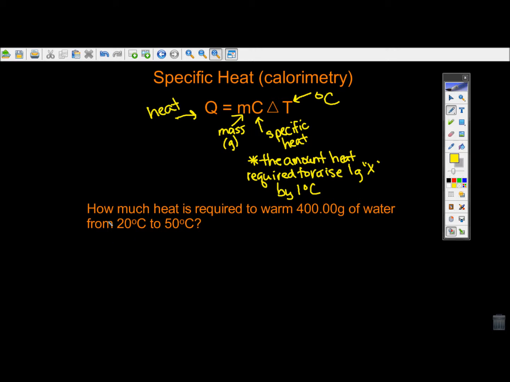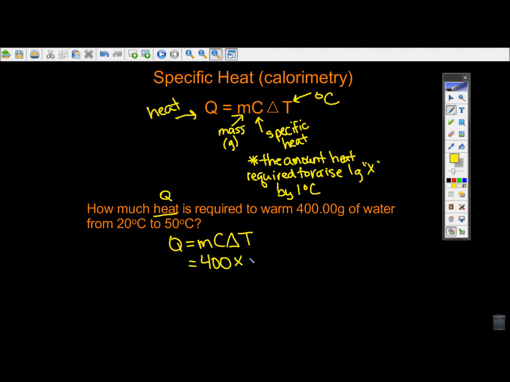Okay? All right, let's try a practice problem here. How much heat, so we're looking for Q, is required to warm 400 grams of water from 20 degrees Celsius to 50 degrees Celsius? So we have our equation, Q equals MCΔT, and our mass is 400.